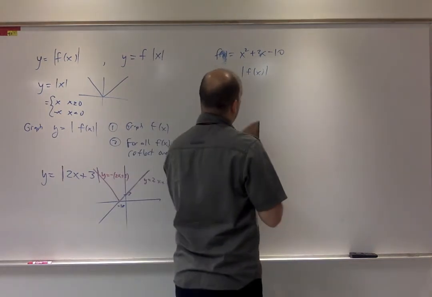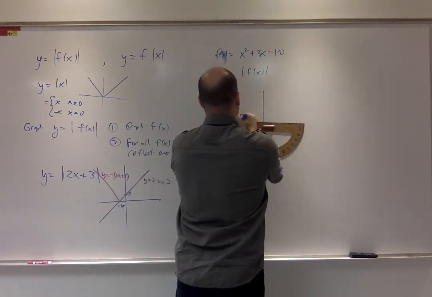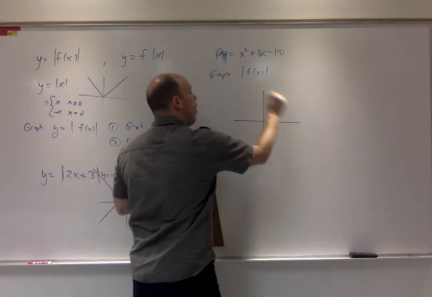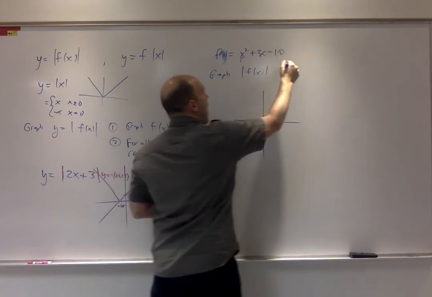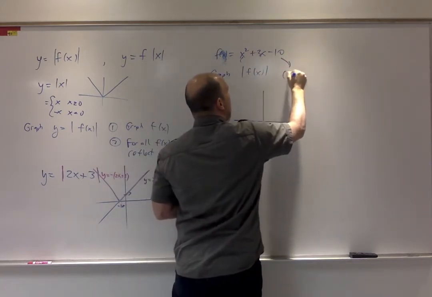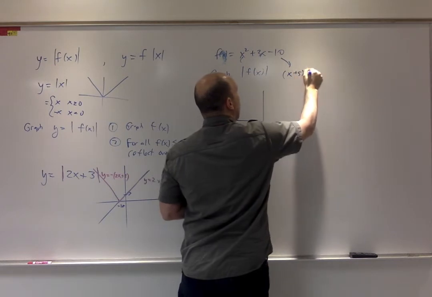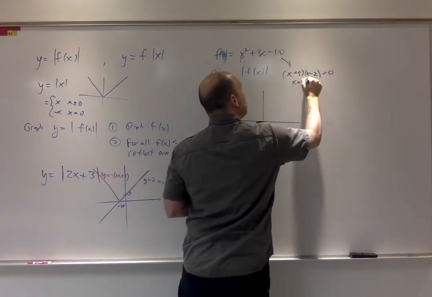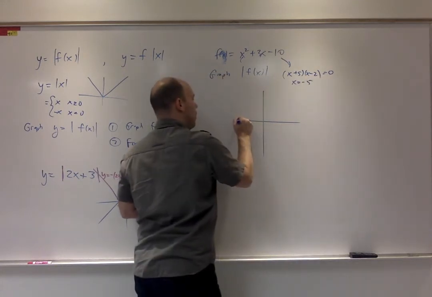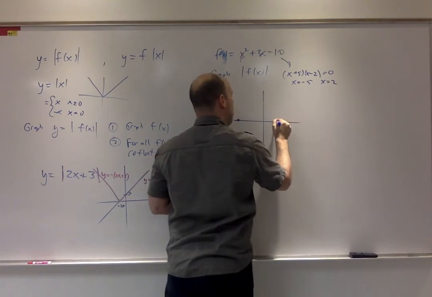So let's graph this then. Here's my x and my y. I know that if I factor this, it's x plus 5 times x minus 2 equals 0. So x equals negative 5 is a zero, and x equals 2 is a zero.